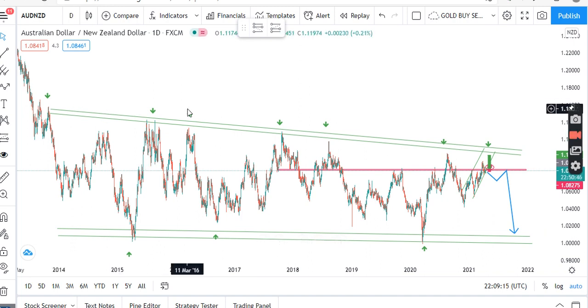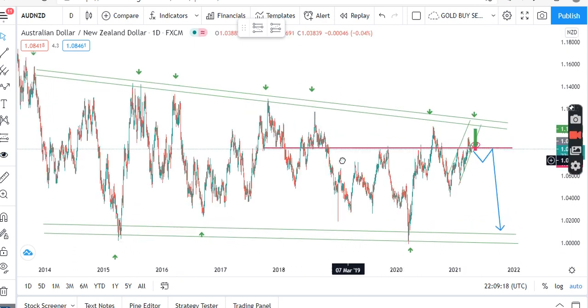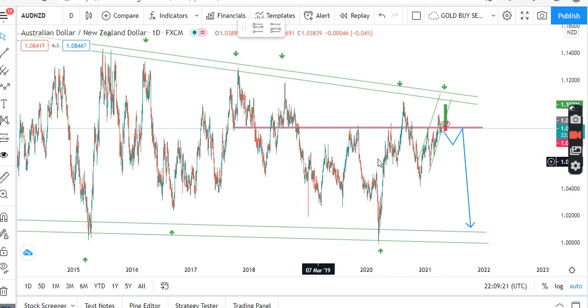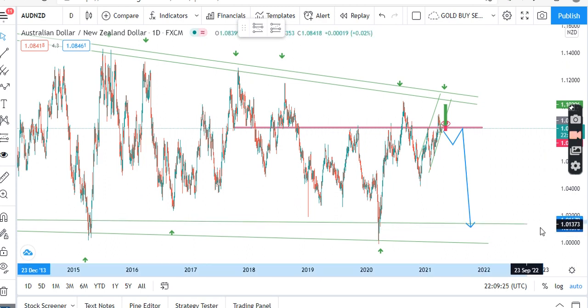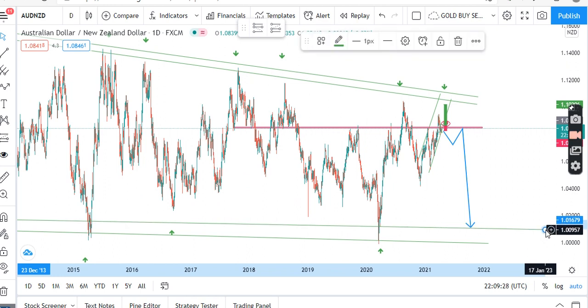We can see. And it wouldn't be wrong for us to think like that in this particular case. So my main focus right now is this long term.